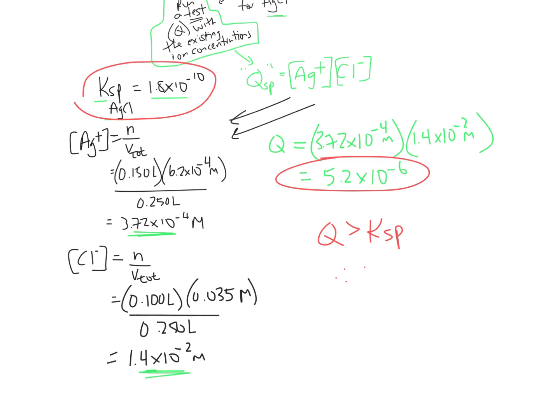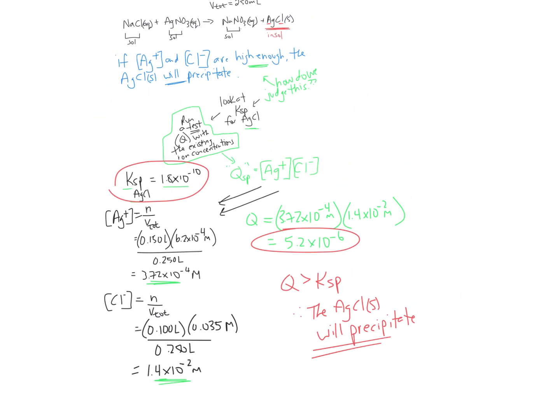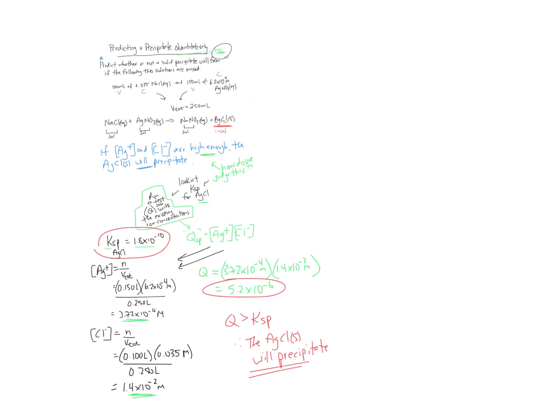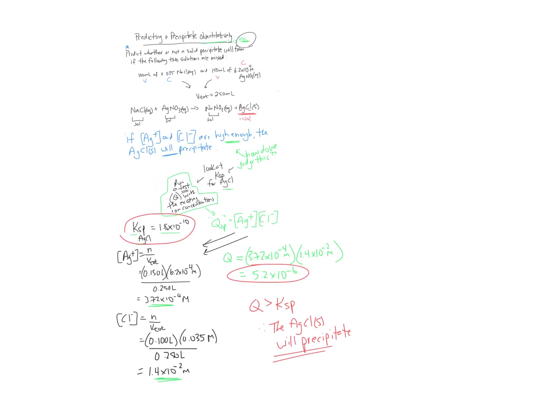So therefore, the silver chloride solid will precipitate. Hopefully that makes sense. I'll just sort of zoom the whole thing out so you can see the whole thing at once.